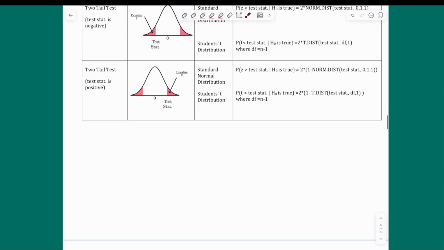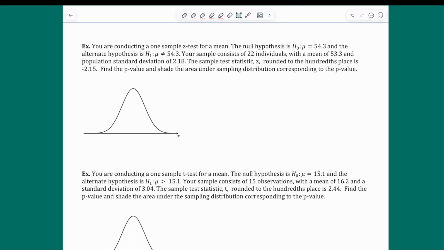Moving on, let's see some examples. In the first example, you're conducting a 1-sample z-test for a mean. The null hypothesis is H0: mu equals 54.3, and the alternate hypothesis is H1: mu not equal to 52. Actually, I made a mistake here. Let's change this and make that a less than.